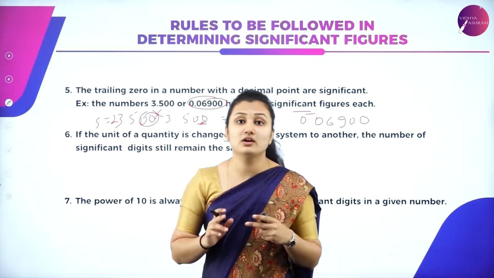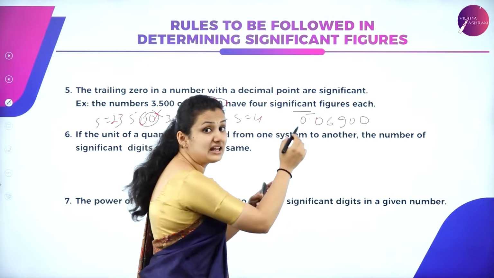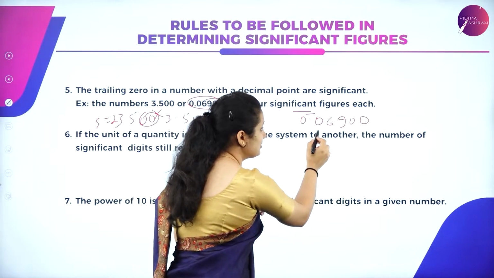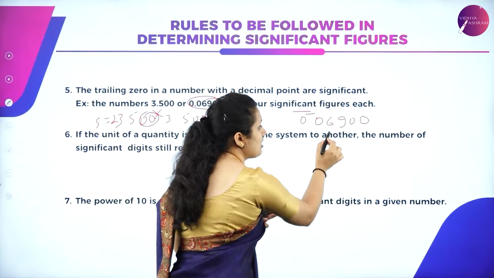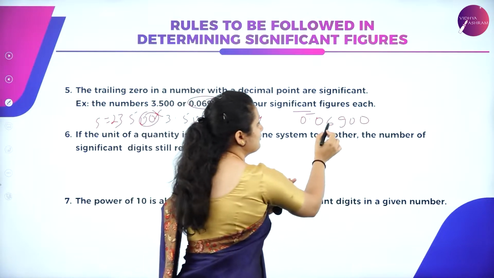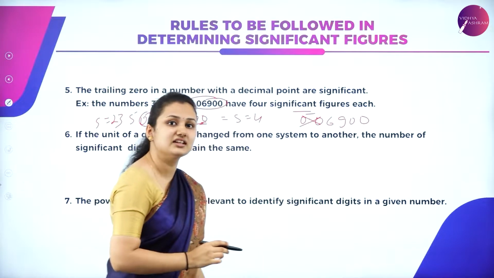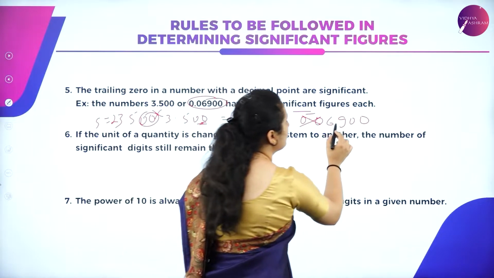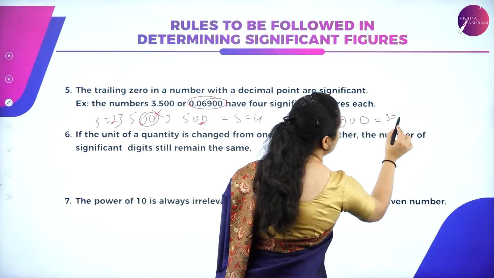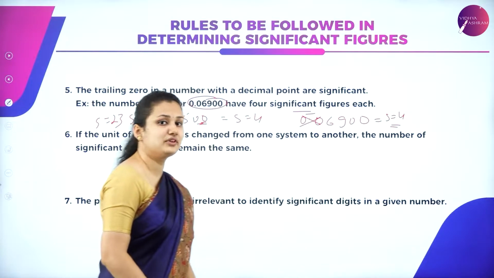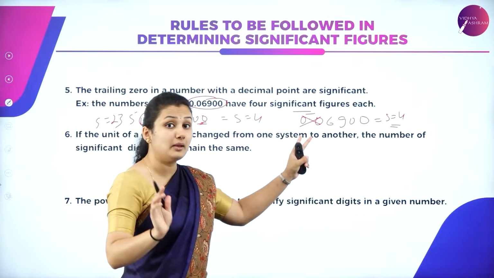Remember rule 3. What does rule 3 say? For a number less than 1, the zeros between the decimal point and the first left non-zero digit are insignificant. The first non-zero digit here is 6. So these are insignificant. Hence I have only 4 significant figures here.